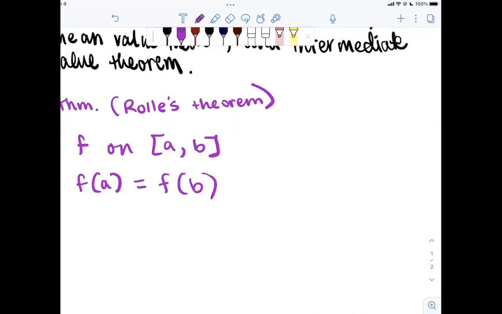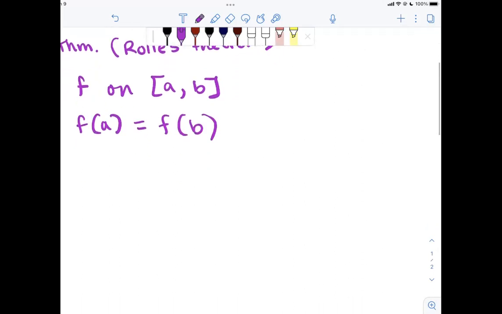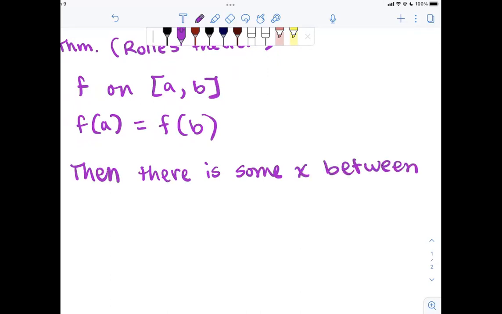And then there is some x between a and b where the derivative of f is 0 at x, so that f prime of x equals 0.